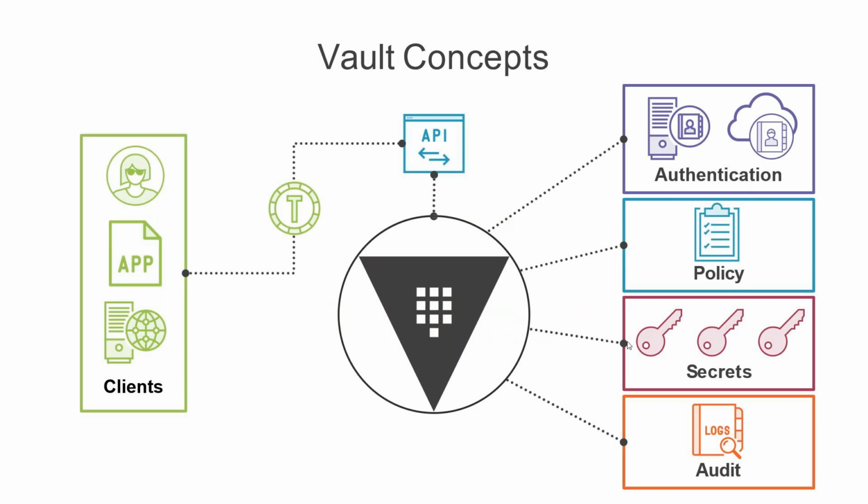Okay, so what is the concept here? This is the architecture, you can say. On the left side, you can connect to the HashiCorp Vault engine through UI, CLI, or API, whatever it is. HashiCorp Vault manages authentication. That means the ways in which you can log in to HashiCorp, that is the authentication module.